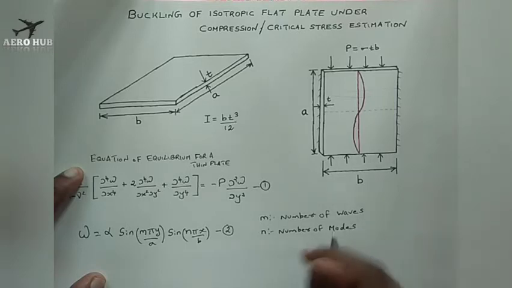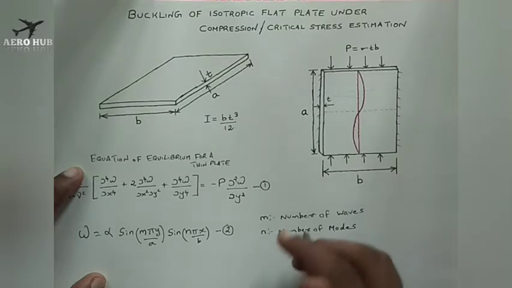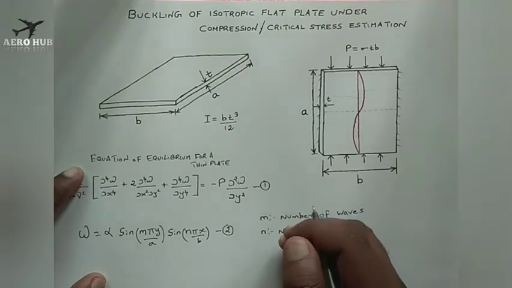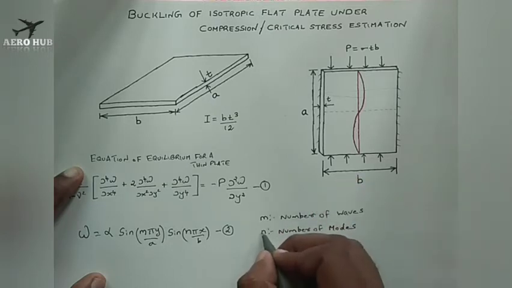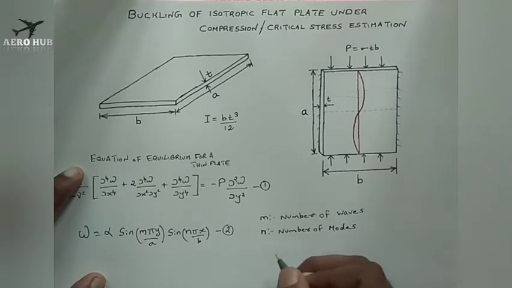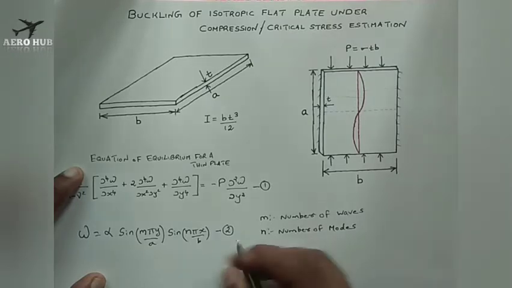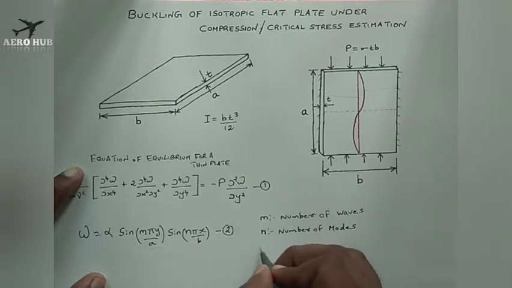We know that a cantilever beam has 3 mode shapes; like that, a thin plate has a number of modes. We will estimate the critical stress such that the mode is equal to 1, when the compressive load is very minimum. That is, we estimate the critical stress when the value of small n is equal to 1.